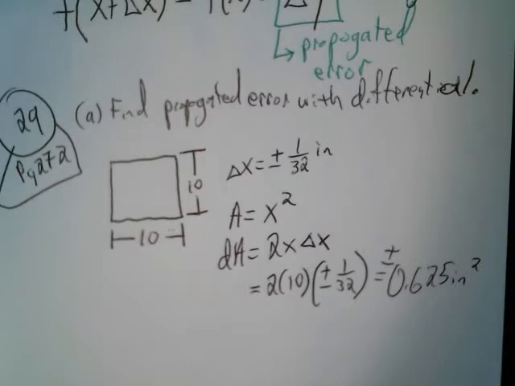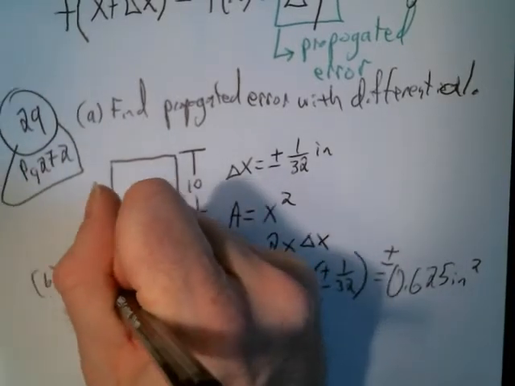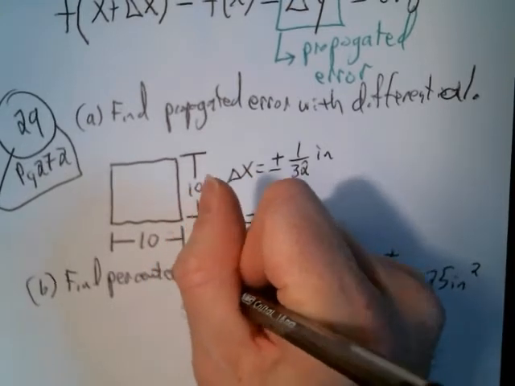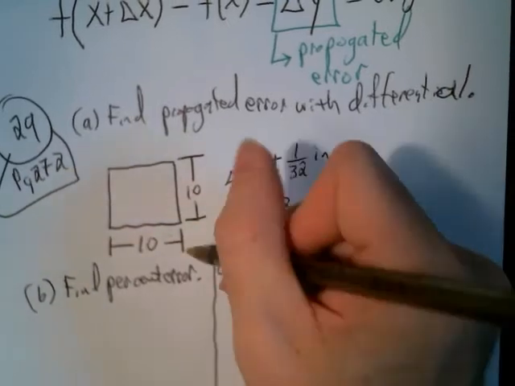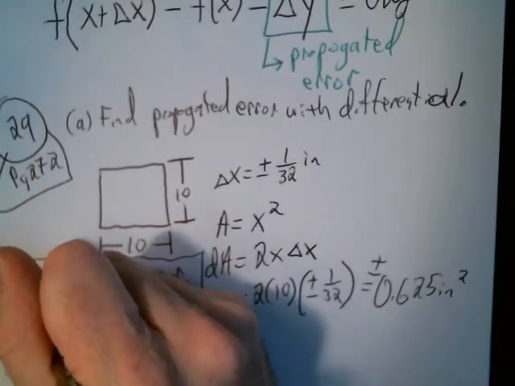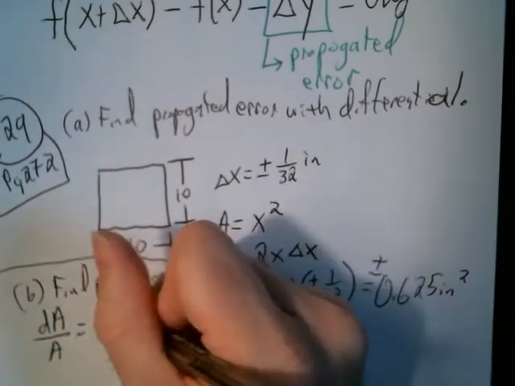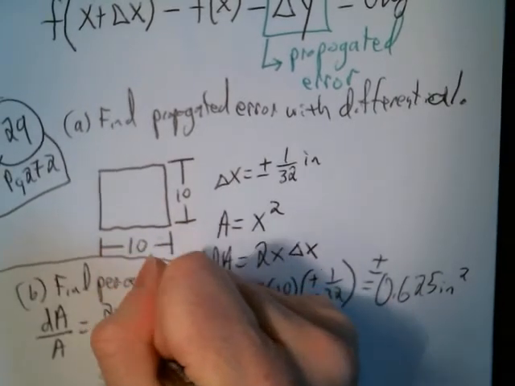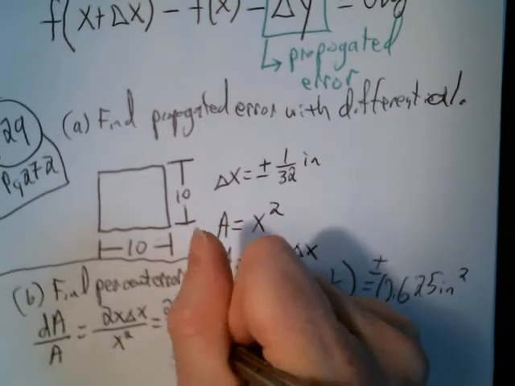Okay, other things they may ask you for is percent error. So part B, find the percent error. Okay, so to get the percent error, all you're going to do is take the differential and divide by the area. So let's take a look at that. It'll be 2x change in x divided by x squared. So this formula will be 2 change in x all over x.